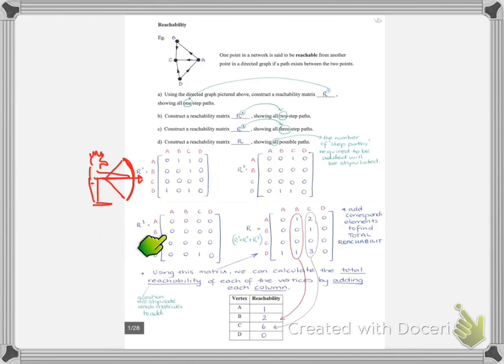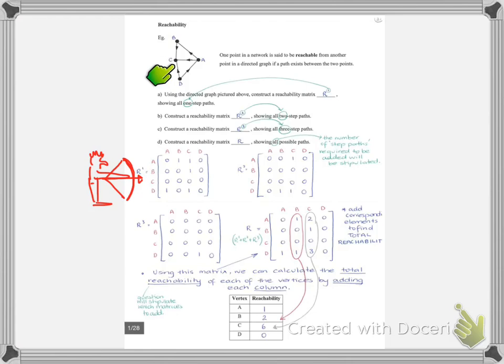Now you'll notice there's only one element in here other than a 0, and that's over here. So that means C is the one being reached. The arrow is being fired by D. So that means C is reachable from D in 3 steps, and there's one way to do it. That's why there's a number 1 here. So C is reachable from D in 3 steps. Let's see if that's true.